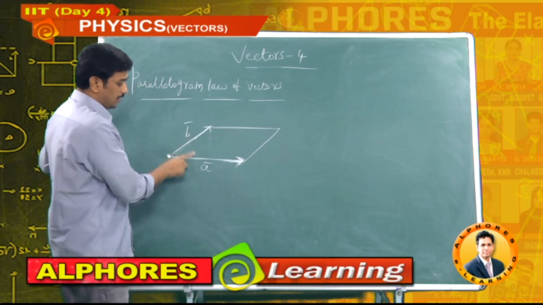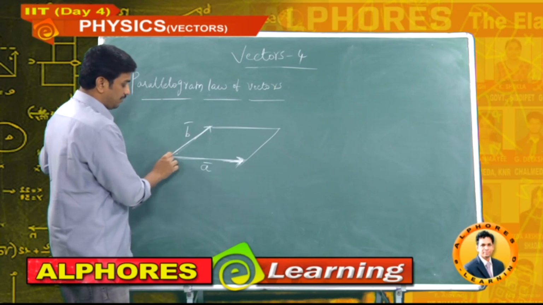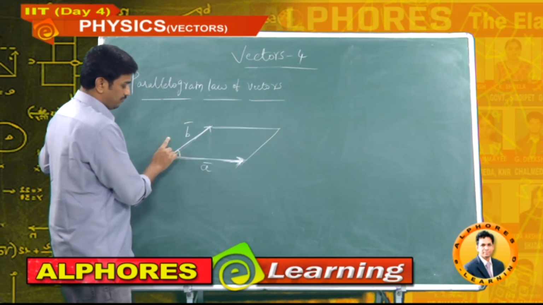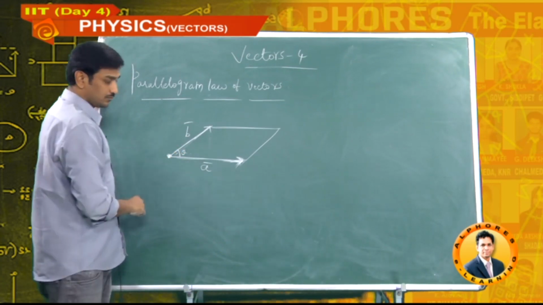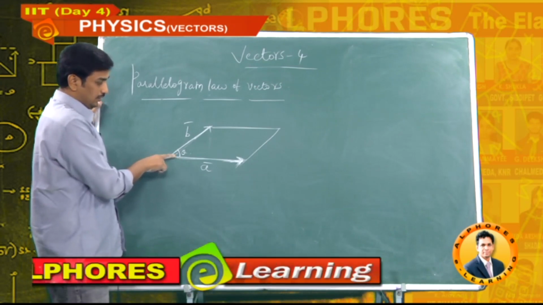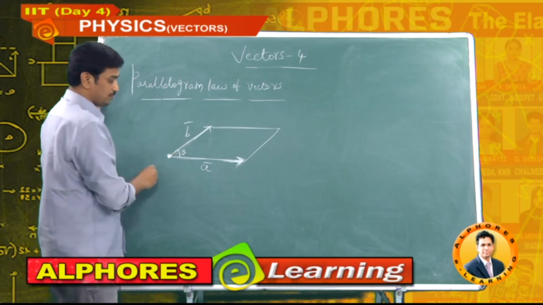A bar, B bar are two sides of the parallelogram. Now, how to find the angle between two vectors? Join the tails of the two vectors. Now here there is a difference of angle, that is theta. A bar vector, B bar vector, tails joined together. Now there is a separation, that is the angle between the two vectors.